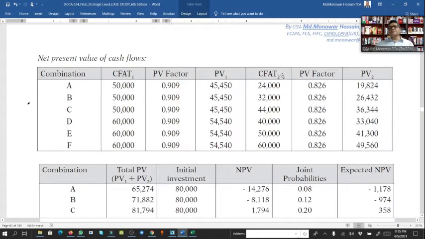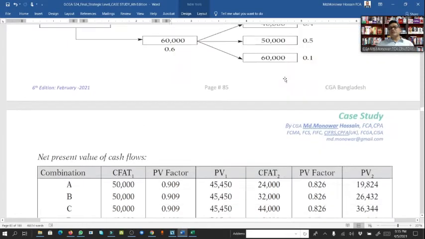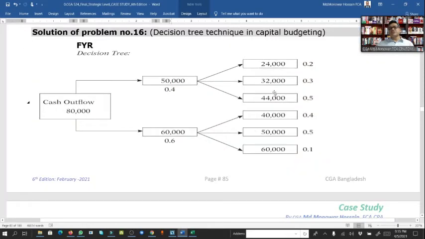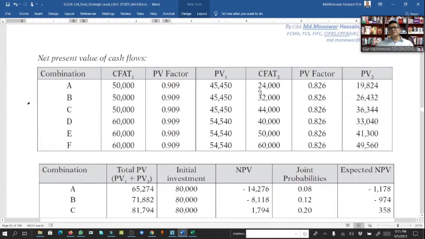Now the second-year cash flow after tax: 24,000, 32,000, 44,000, 40,000, 50,000, 60,000. This is number 2. The PV factor is the second year's PV factor, because our project is for 2 years.